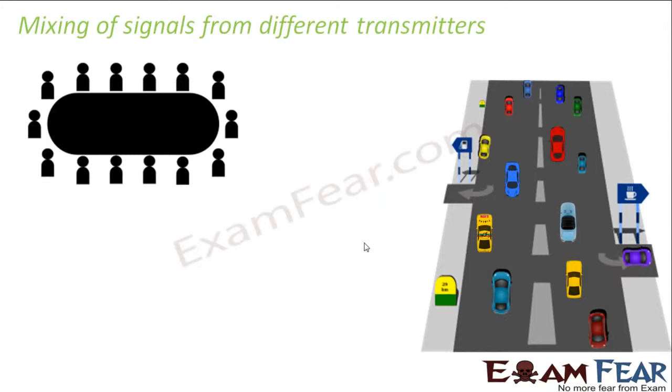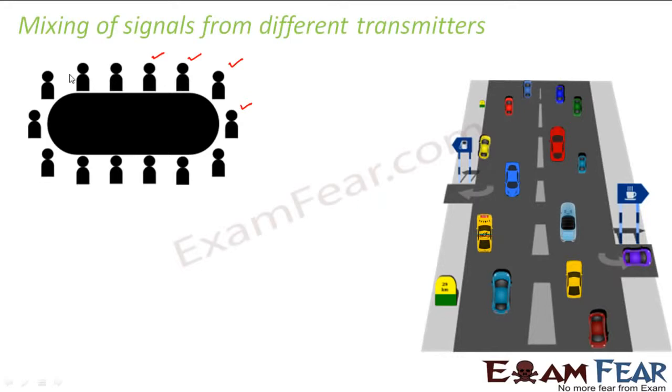The first 5 minutes go to the first person, the next 5 minutes to the second one, the next 5 minutes to the third one, and so on. During one time slot, only one person would be speaking, and that is why we will be able to interpret what he is talking.